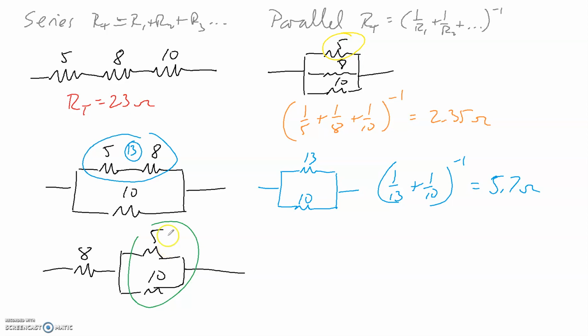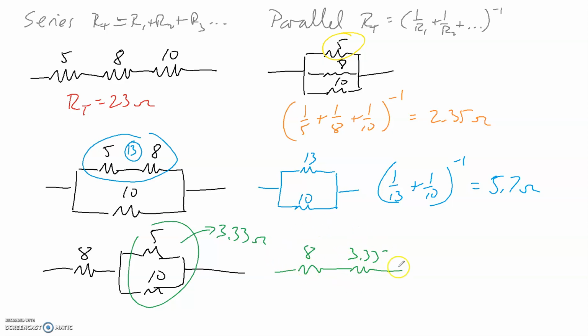And once again, I know it's going to be less than 5 because that's the smallest resistor in parallel. And if I do the parallel calculation, those two put together give me an equivalent resistance of 3.33 ohms. So this circuit would be the same as this one, replacing the 5 and the 10 with a 3.33 ohm resistor.